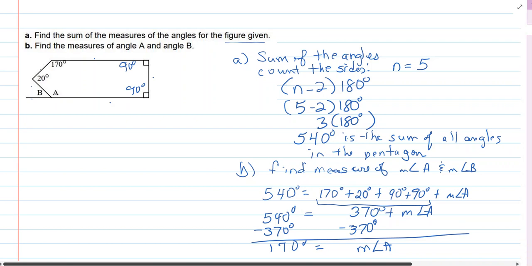Now we're going to find the measure of B. So we know that the measure of angle B plus the measure of angle A equals 180 degrees because they are supplementary.